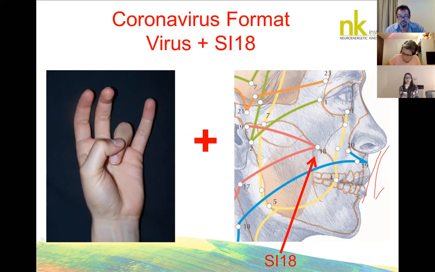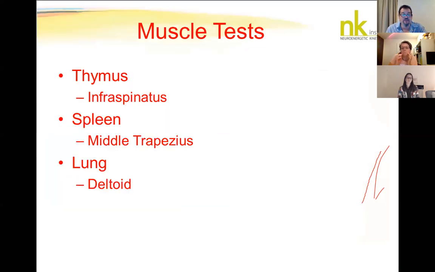So you would put virus mode in, plus, so stack, then small intestine 18.